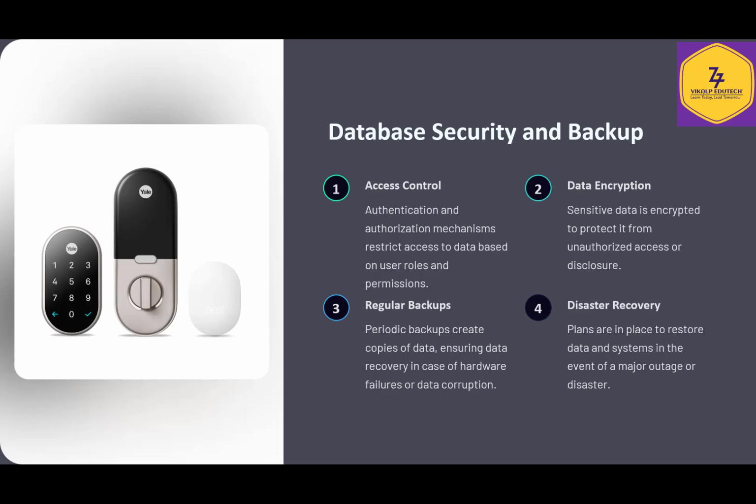Sensitive data is encrypted using hashing algorithms to protect it from unauthorized access or disclosure. Databases are stored on servers and they are machines. That means they are subject to outage. As a precaution, periodic backups need to be taken to create copies of data. This smoothens the process of data recovery in case of hardware failures or data corruption.